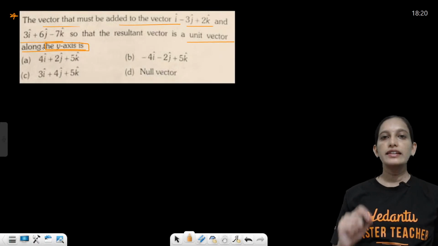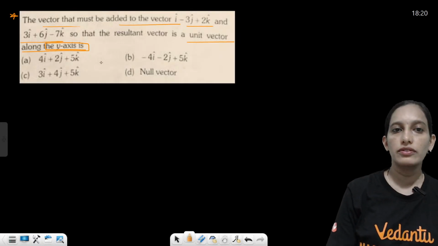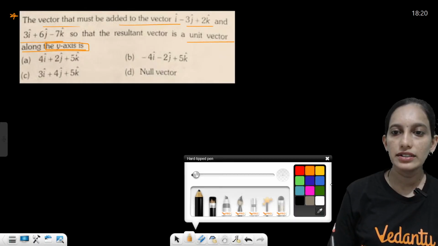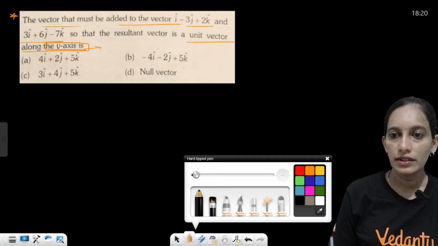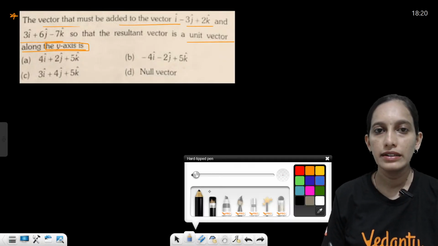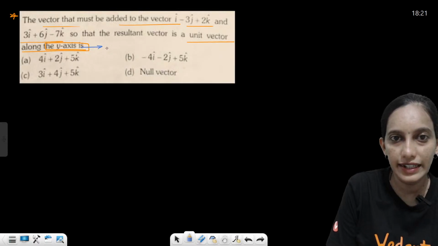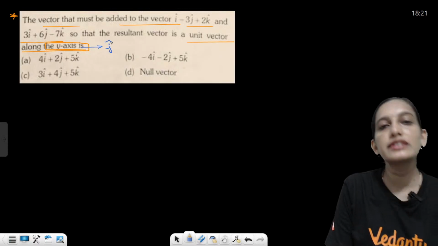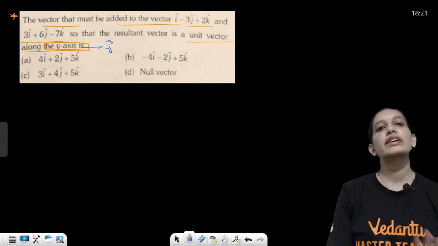The final resultant vector is a unit vector along y-axis, so what is this vector? This must be simply j cap, because j cap is the unit vector along y-axis.